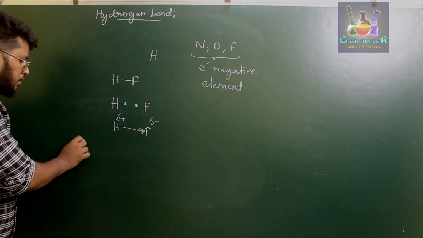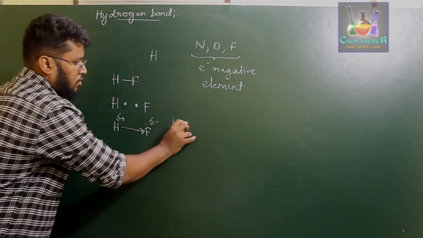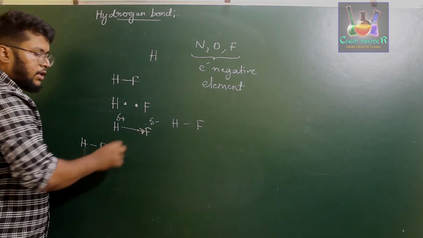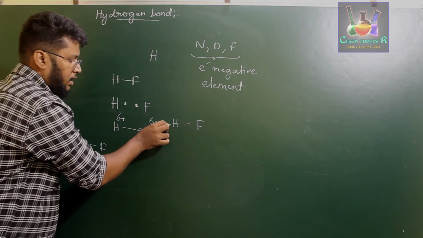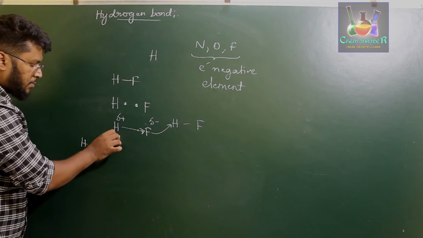If you consider a hydrogen fluoride molecule, there will be more hydrogen fluoride molecules present. The fluorine, which is more electronegative, might attack the hydrogen atom of the other molecule. This hydrogen will be attacked by this fluorine.